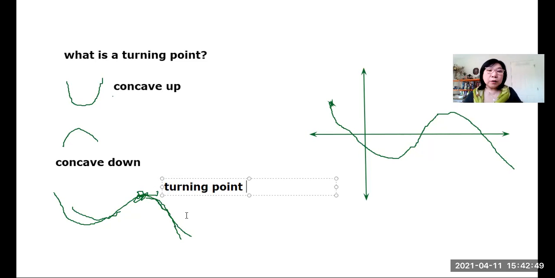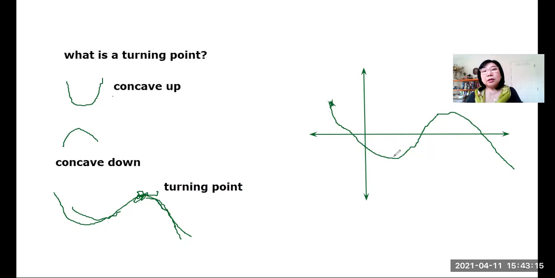So the turning point is the point where the function changes from concave up to concave down, or from concave down to concave up. For example, which point in here? This is the function going down, right? Going down all the way from here to here, concave down.